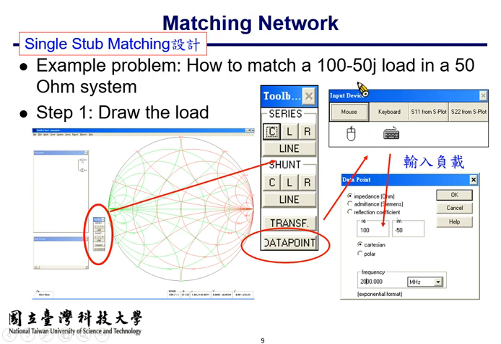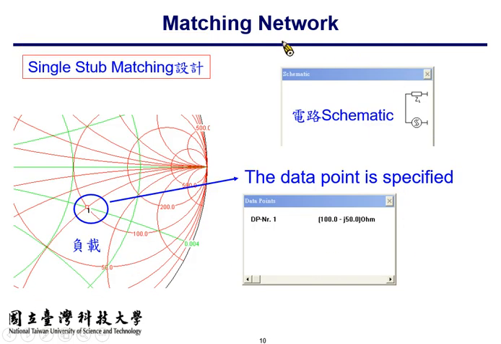And in this example, suppose we have a load of 100 minus 50j. What is the normalized impedance of this? 2 minus 1j, right? Now just divide by the characteristic impedance.